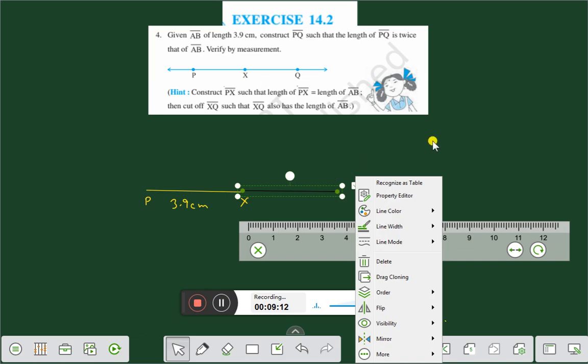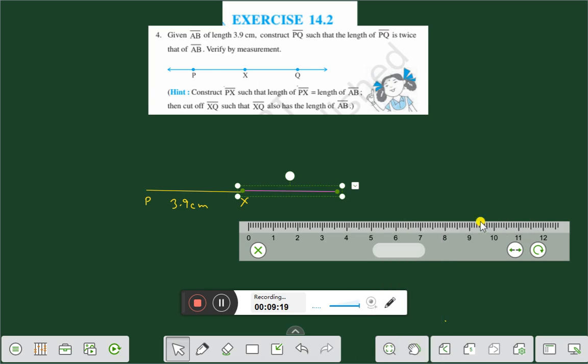This is also 3.9, and we can change the color of this line.